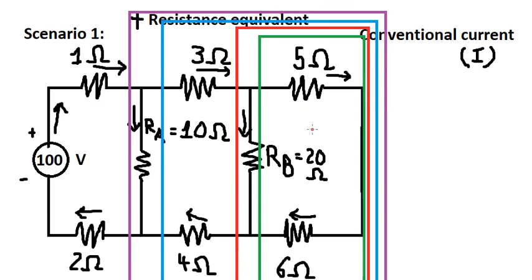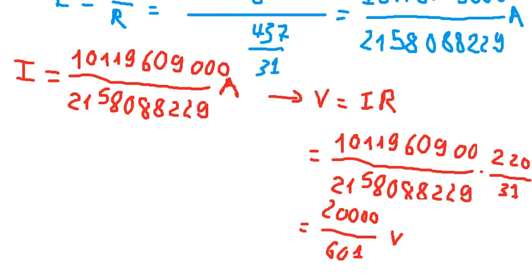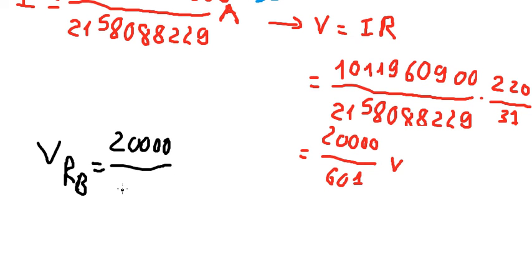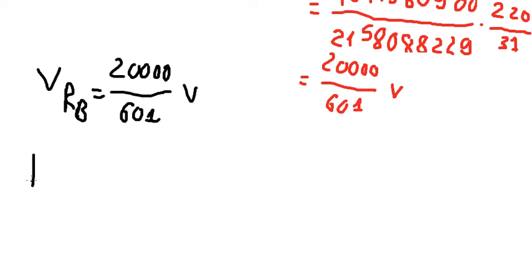So we can see that inside the red one, the green is parallel to the RB. So the voltage of RB should equal this number in here. Now we can find the current.